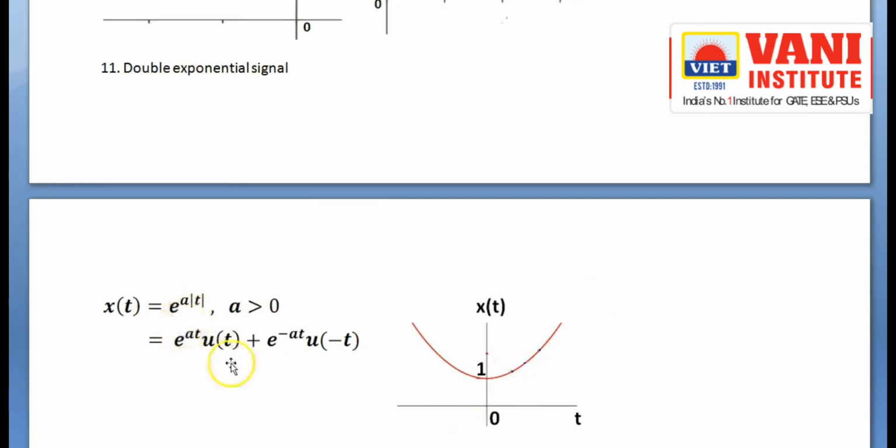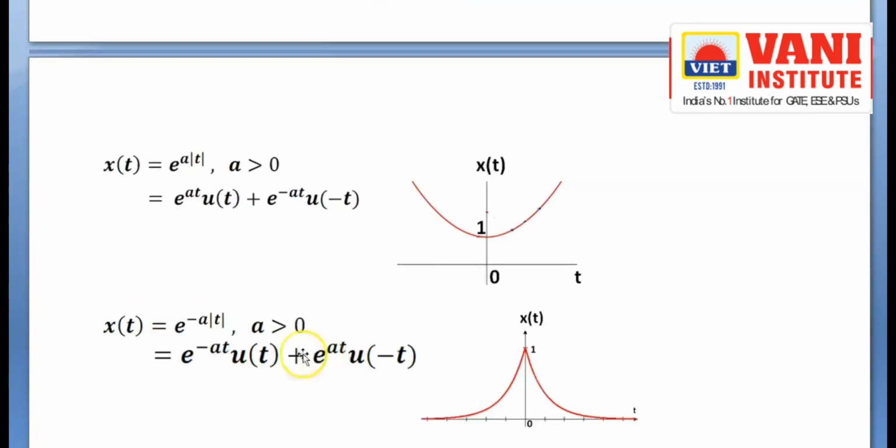This is the expansion of e power a mod t: e power at into u of t plus e power minus at into u of minus t. And this is another double exponential, e power minus a mod t, like this.